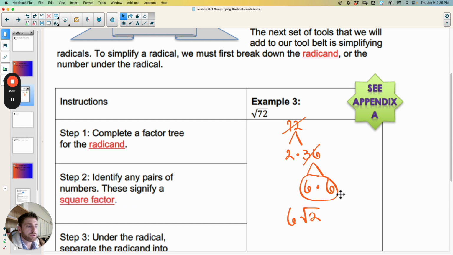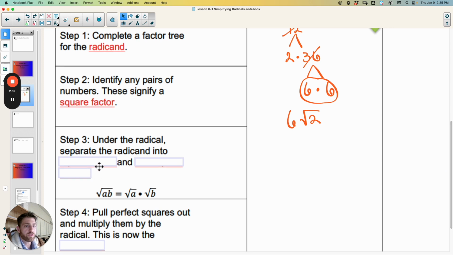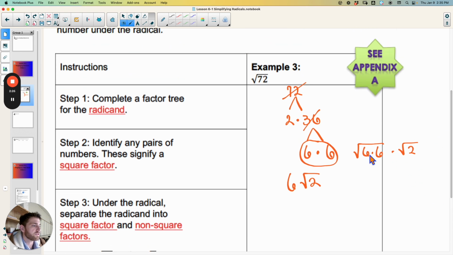So identify those pairs, which is what we did. And under the radical, separate the radicand into the square factor and the non-square factor. So really what you can do at this step here is rewrite this as the square root of 6 times 6, the square factor, and then times the root of 2, which is what we have here. In other words, if I do 6 times 6 times 2, that's going to give me 72.